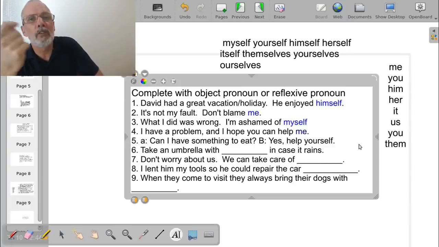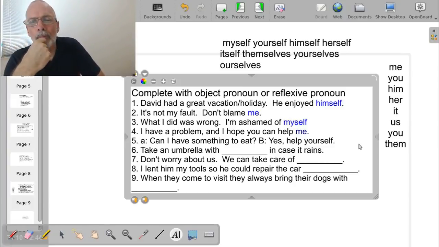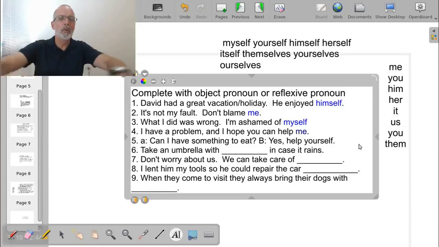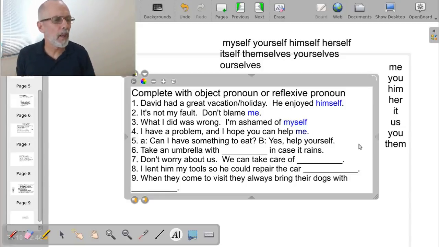If somebody visits you in your house, for example, you can say to them, oh, if you're hungry, help yourself. That means just get your own food. I'm not going to get your food for you. Or if you had a party in your house and you had some food on the table, you might say to people when they arrived, help yourself to food.